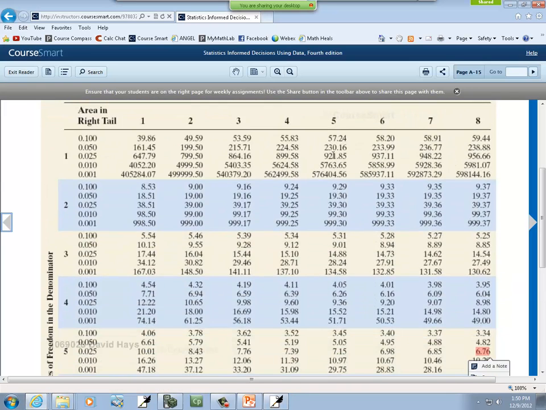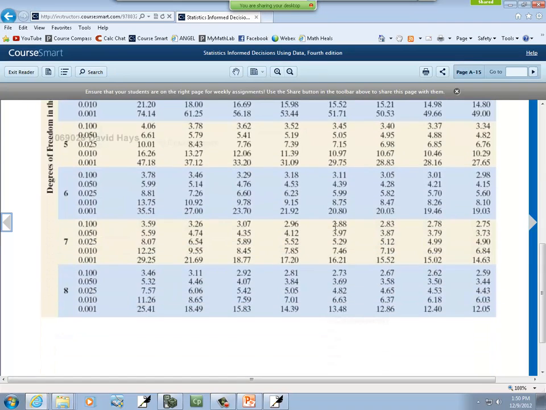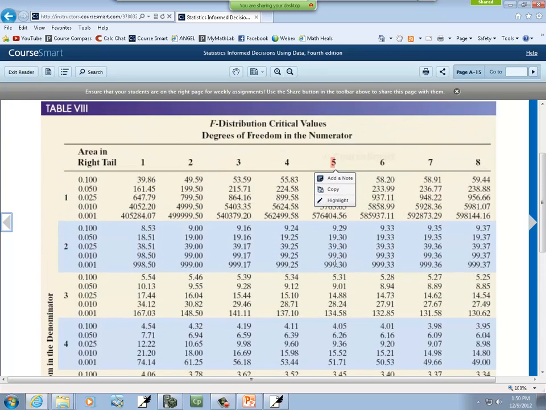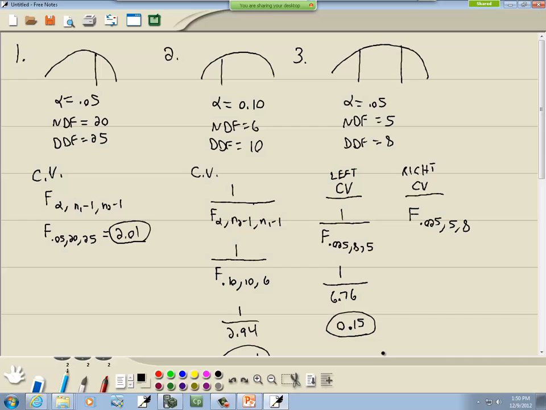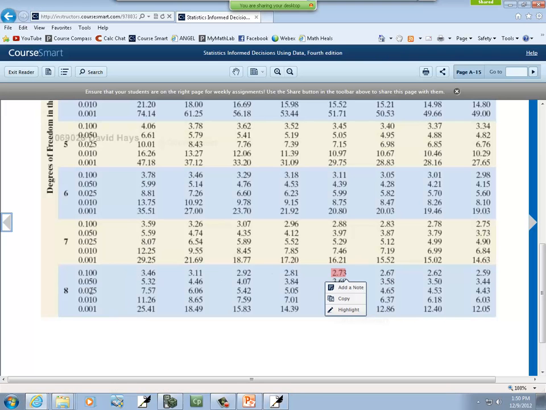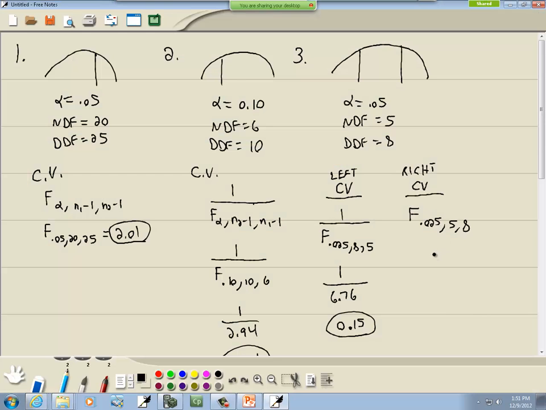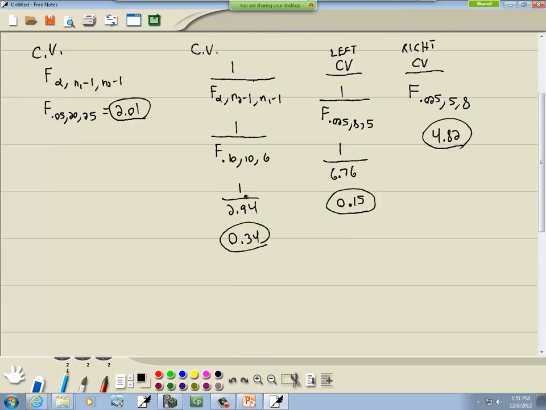Well, here's 5, so we're looking in this column. And 8 is down to... Okay, here's the start of it. And the alpha we're looking up is 0.025, which is the middle one, which would be 4.82. Well, I can't highlight it, but hopefully you see it. 4.82. And those will be our critical values for a two-tail.